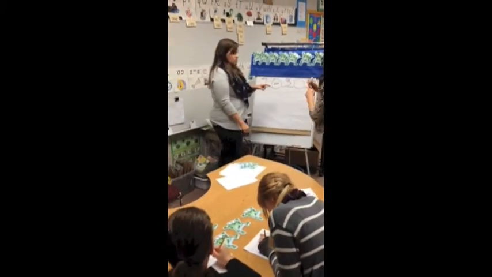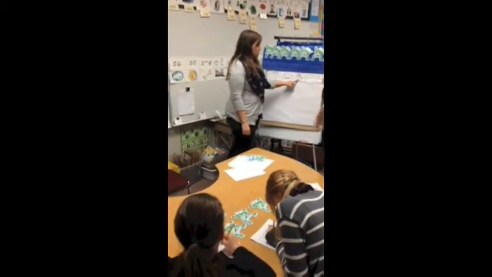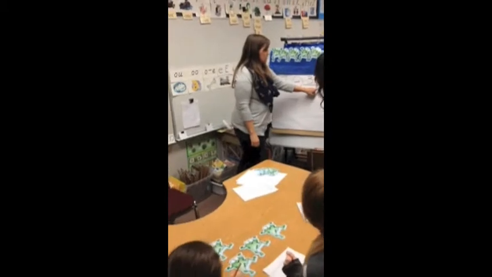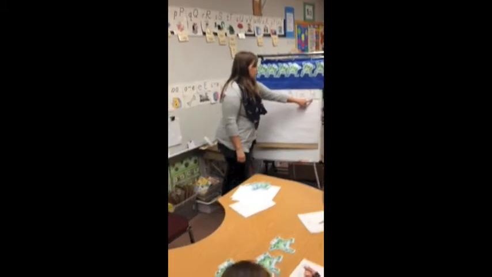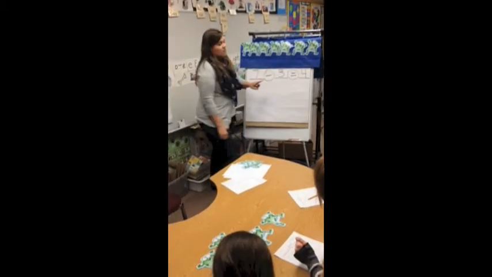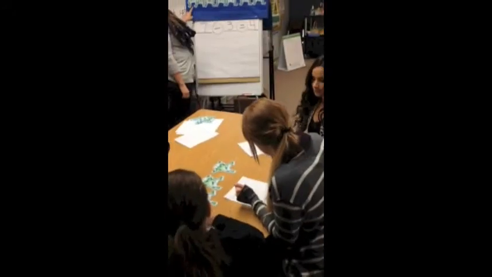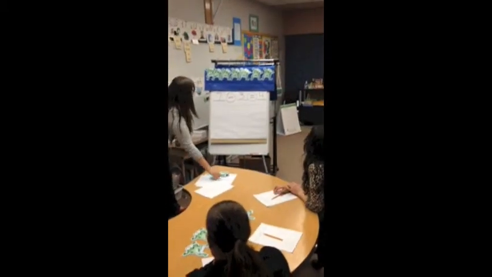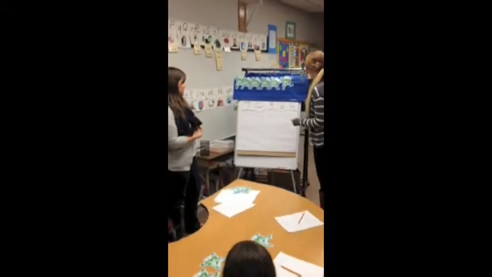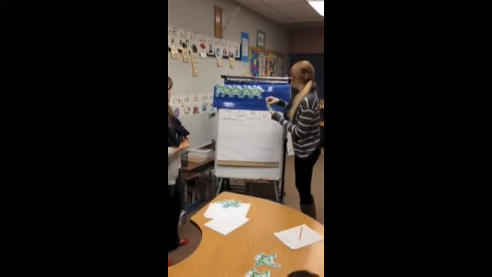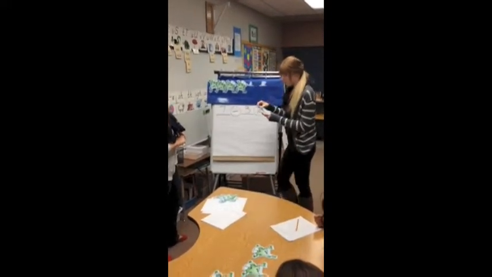Okay. So 7 minus 3 equals how many? 4. 4. All right. Allison, can you come take away 3 frogs? One, two, three. Okay.